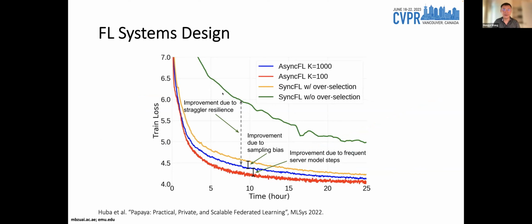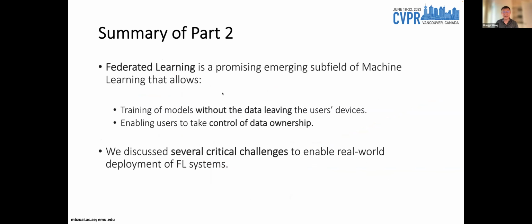All right, apologies again for the delay of this tutorial, but let me give a quick wrap-up. Federated learning is a promising emerging subfield of machine learning, with the design principle that training should happen on the data without revealing user data privacy, and it should enable users to take control of their data ownership.